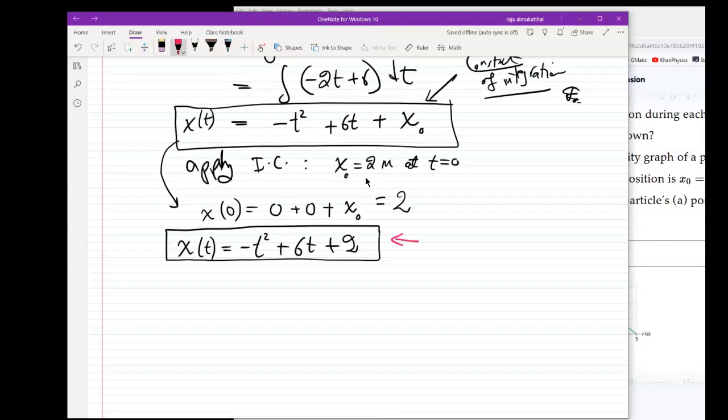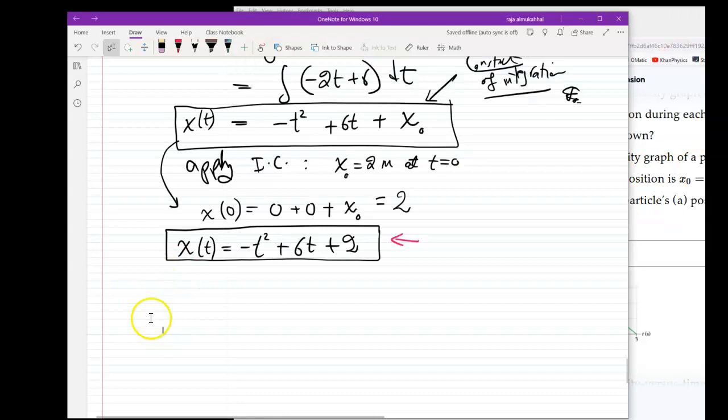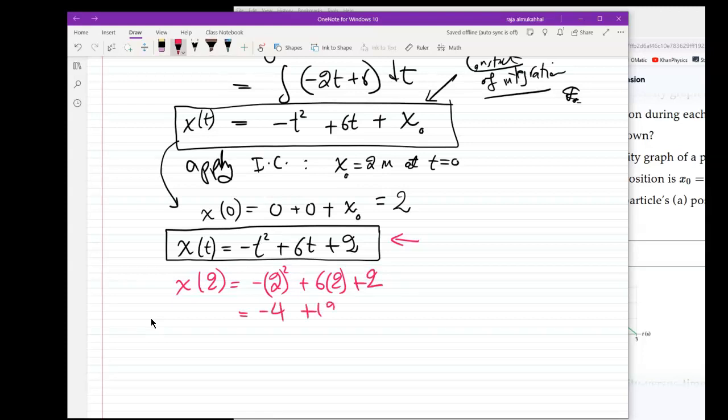So now he said, back to the problem, at t equal 2, what are the position and all that? Okay, so simply x of 2, that's going to be negative 2 squared plus 6 times 2 plus 2. That's negative 4 plus 12 plus 2. And that will give me 10 meters.